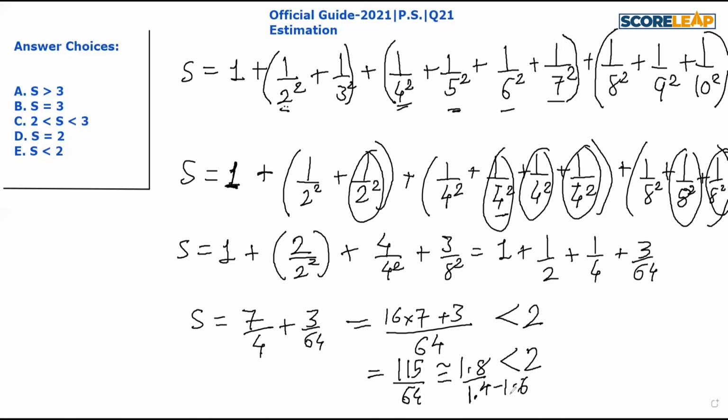But by taking the maximum values also, if we are getting less than 2, then by taking the original values, without estimating, if we add it on a calculator, it will definitely be lesser than 2. So S has to be lesser than 2. It won't cross 2 anyhow. So our correct answer will be option E. I hope that is clear.